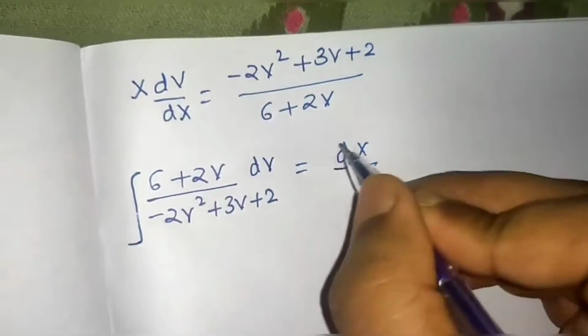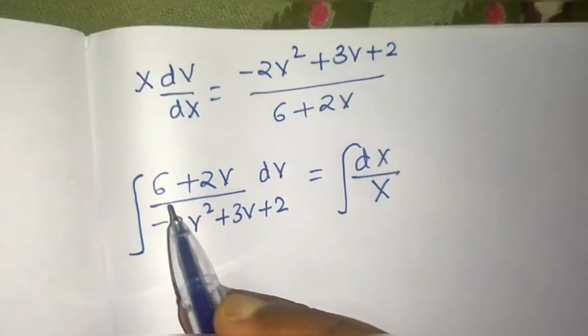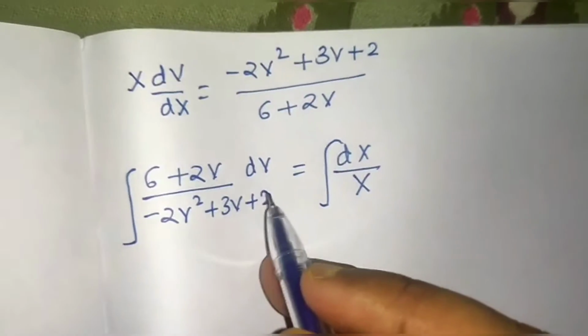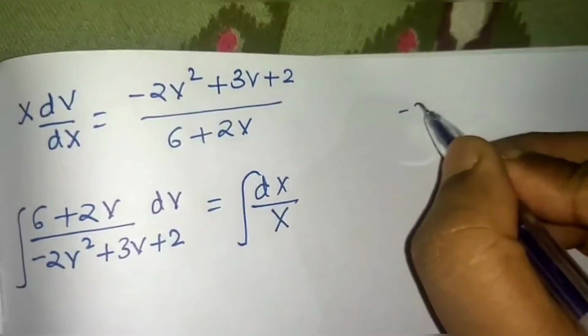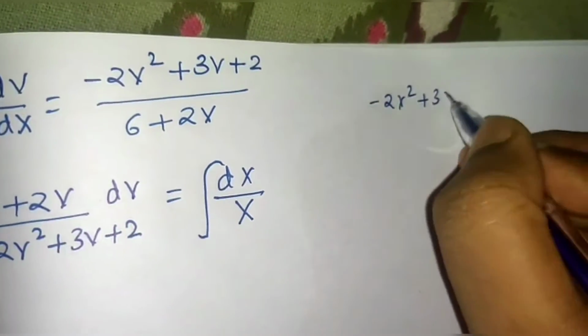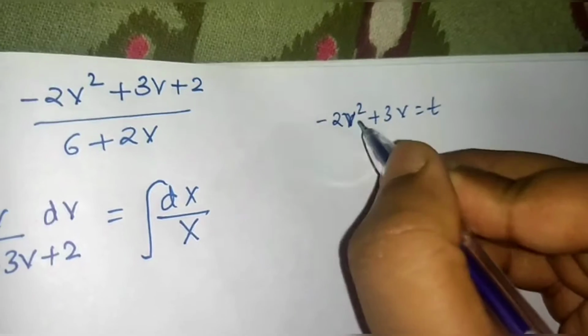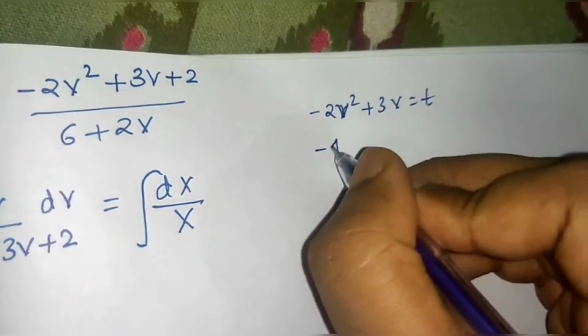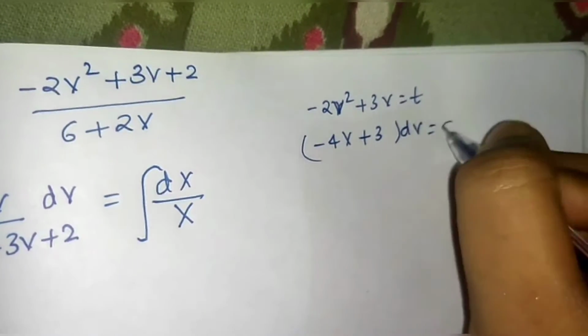If I integrate both sides, I have to think a bit to integrate the first one. Now if I look at this, derivative of 2 is 0. If I suppose this minus 2v square plus 3v as t, will anything good happen? Because its derivative will be minus 4v plus 3 dv equals dt.